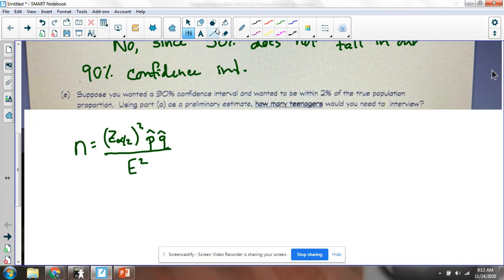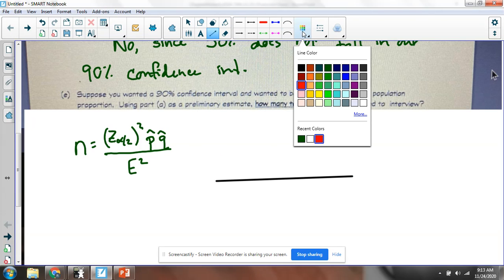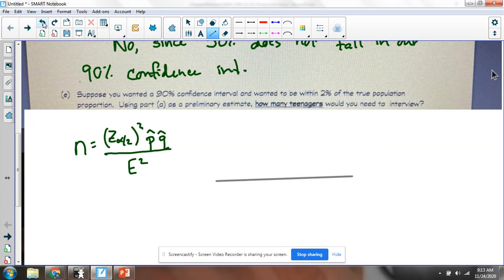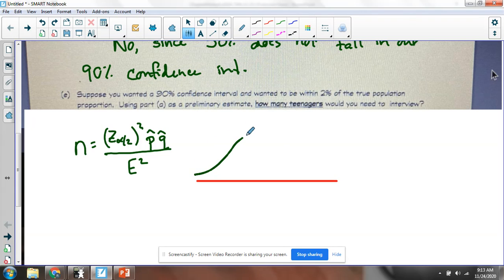The first thing we need is z of alpha over 2. That's the critical value. That cuts off the middle 90% from a 90% confidence.